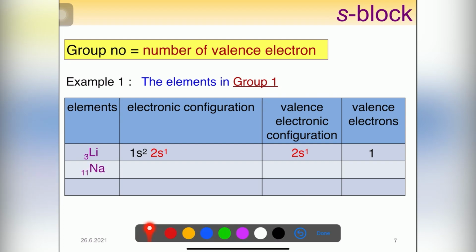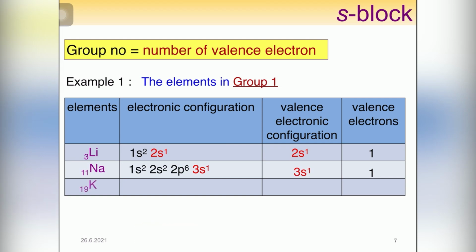Let's see sodium, with proton number 11. This is the electronic configuration, and the highest n is 3. There are only s orbitals, and 1 electron occupies orbital s, which is the valence electron. So there is 1 valence electron, and the valence electronic configuration is 3s1.